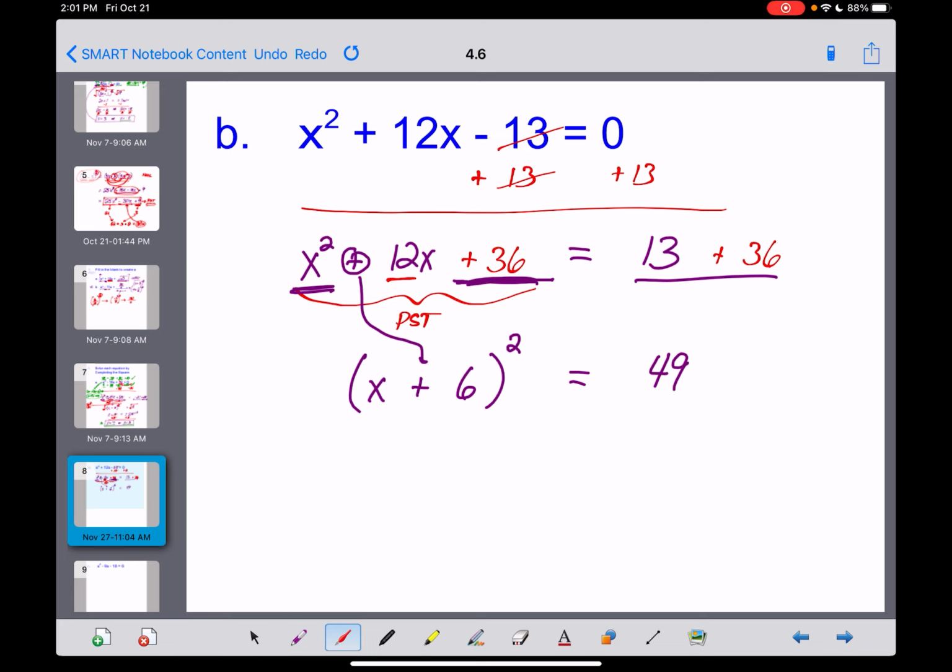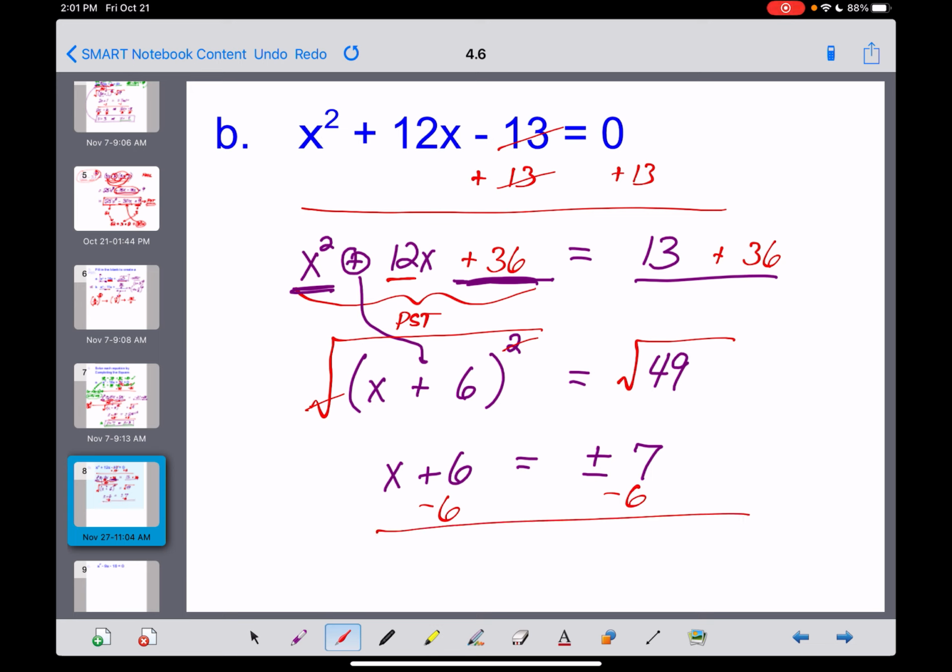And from here, it's going to feel a lot like the last one. The last thing happening is the square, so we undo that with a square root of the left and a square root of the right. Square and square root cancel. And we get x plus 6 is equal to, the square root of 49 is plus or minus 7. And the last thing we need here is to subtract 6 from both sides.